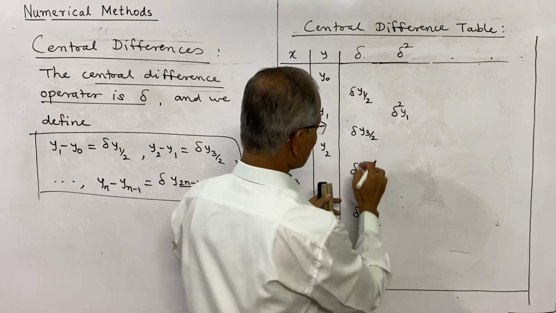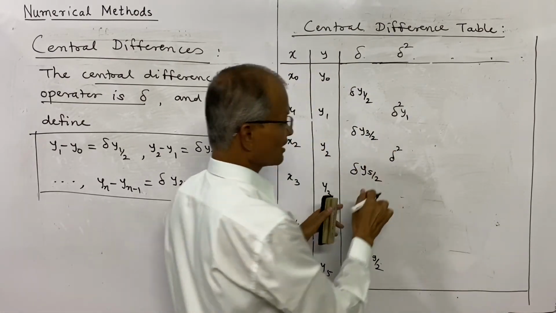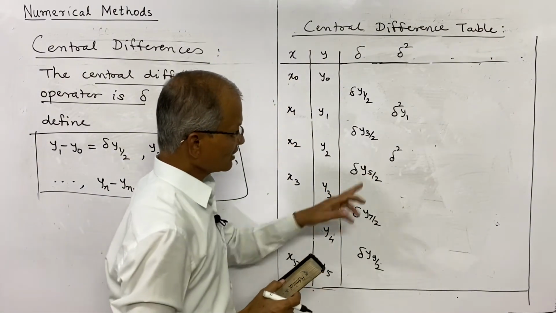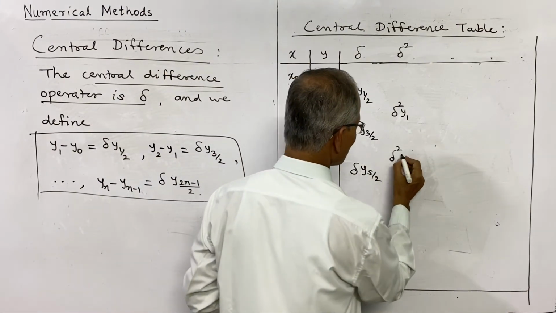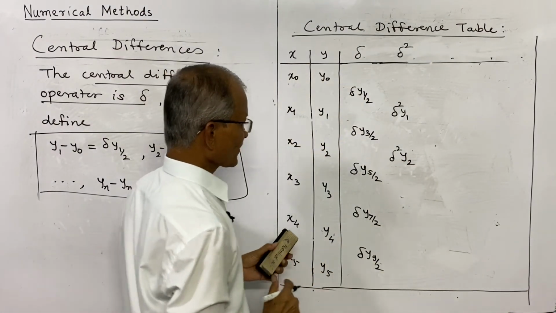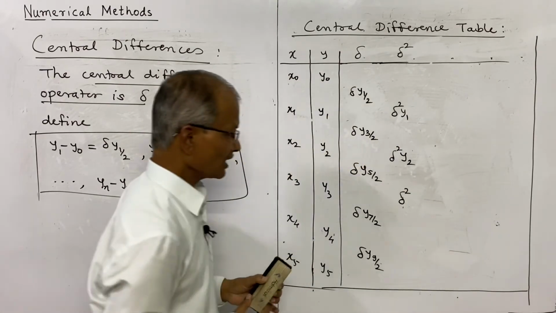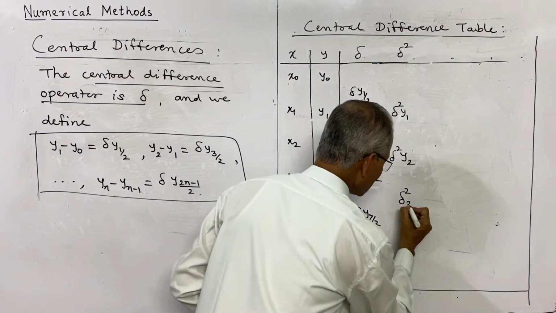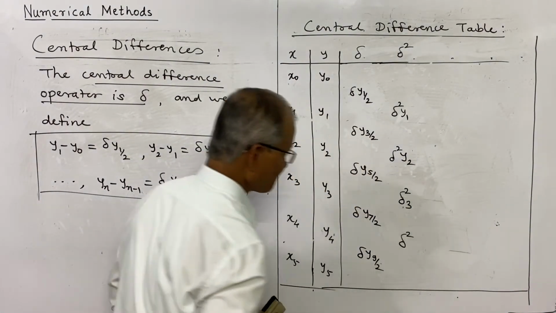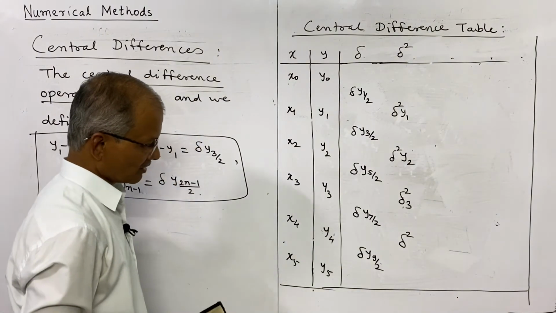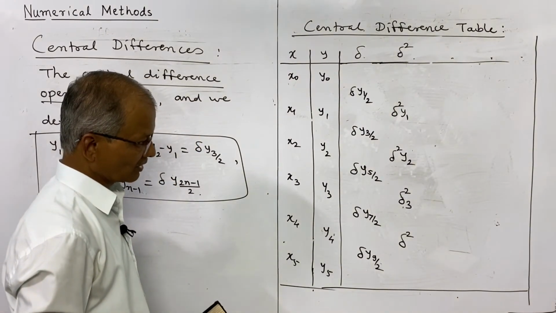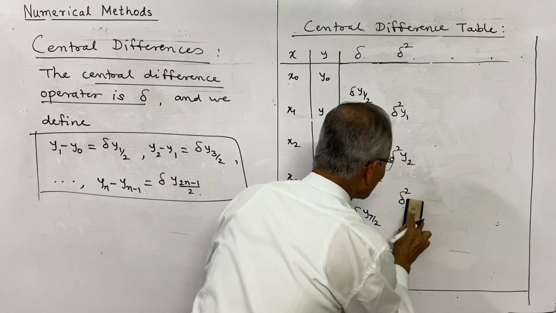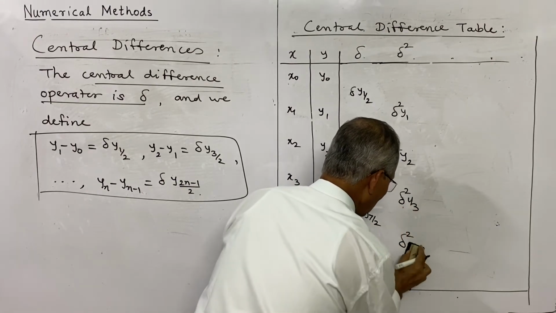Similarly this is the second order difference, the difference of deltas. The sum of these two is 4, and 4 divided by 2 is 2, delta square y2. And you can check this one: the sum is 12 by 2, that is 6 divided by 2 is 3, delta square y3. And the sum of 7 plus 9 is 16 by 2 is 8, 8 divided by 2 is 4. It should be written y3. This is y4.